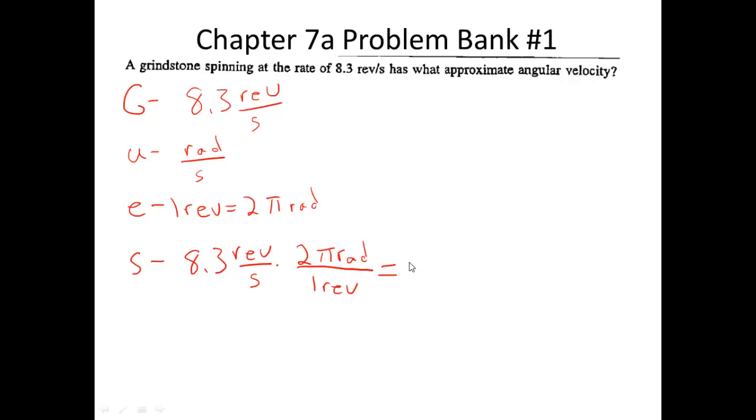This is equal to 16.6 pi radians per second, which is equal to 52.14. Just call it 52.1 radians per second.